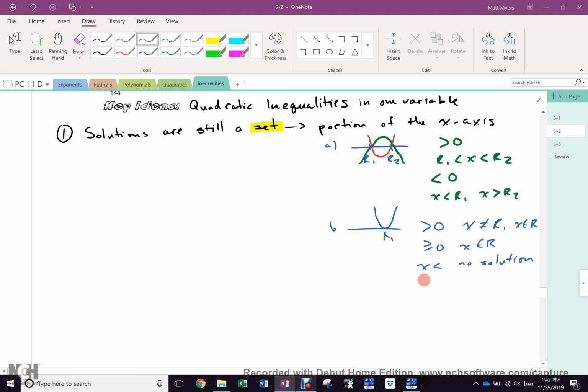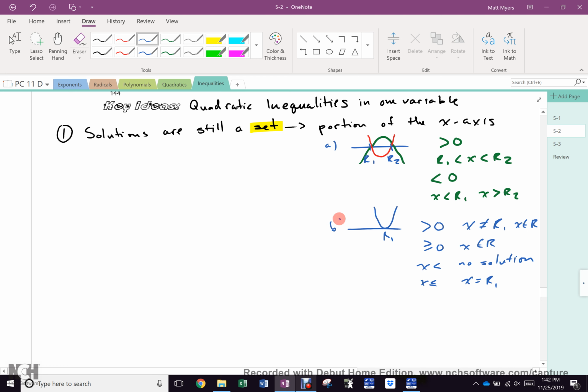What if I wrote x is less than or equal to 0? One solution, and what would it be? x equals what? Root 1. Everybody cool?